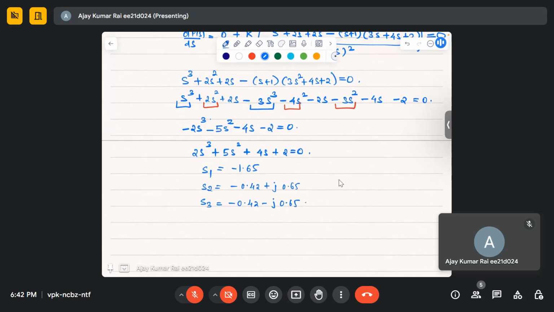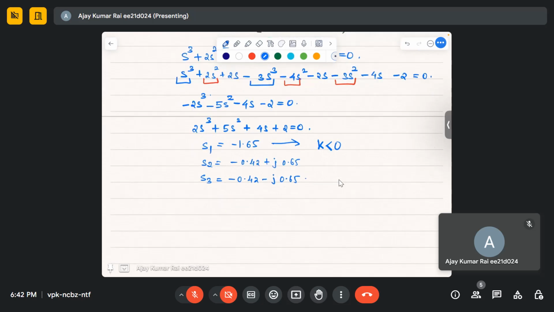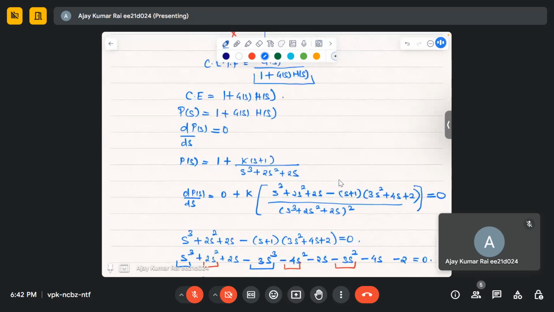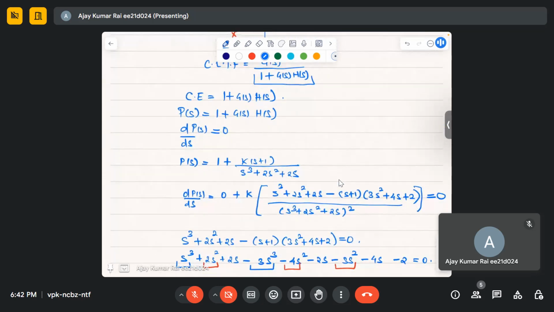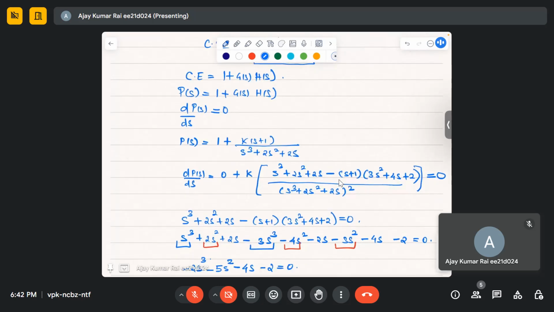We have to calculate the value of K. In this case, you should get K to be greater than 0, and only then will you confirm whether this point is a breakaway or break-in point. So first let's see what value of K we are getting. How to get the value of K? Use the characteristic equation.